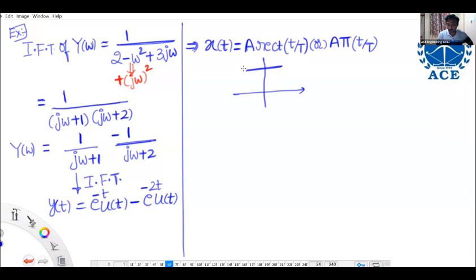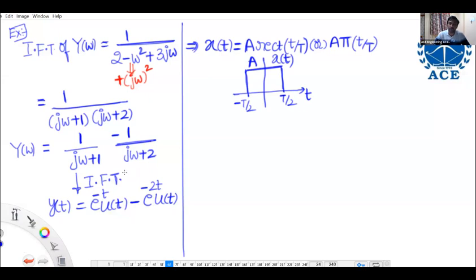It is a finite length signal which covers from minus T by 2 to plus T by 2.